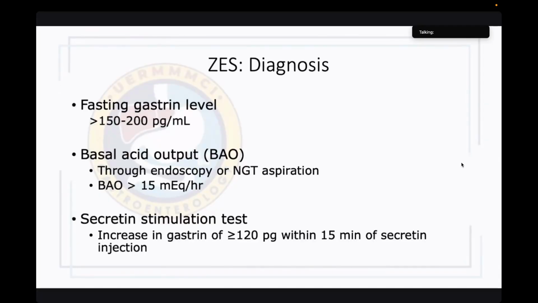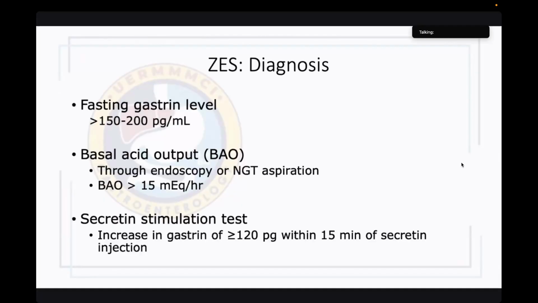Basal acid output can be measured using endoscopy or through nasogastric aspiration. So the normal BAO is 4 to 5 mEq per hour. And if the BAO is more than 15 mEq per hour in the presence of hypergastrinemia, this is considered pathognomonic of ZES. The most sensitive and specific gastrin provocation test for the diagnosis of gastrinoma is the secretin study.